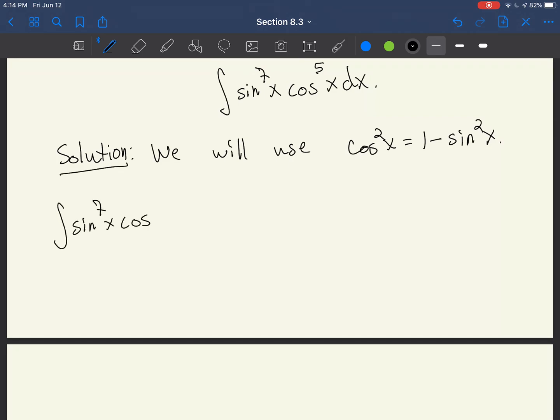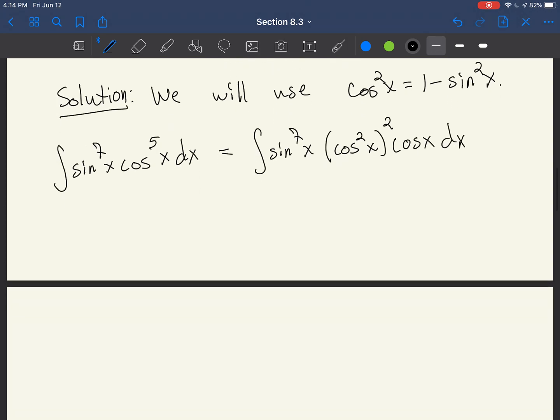So the integral of sine to the 7th x cosine to the 5th x dx equals the integral of sine to the 7th x. Pull out as many cosine squared as possible, so you get cosine squared x squared times cosine x dx.